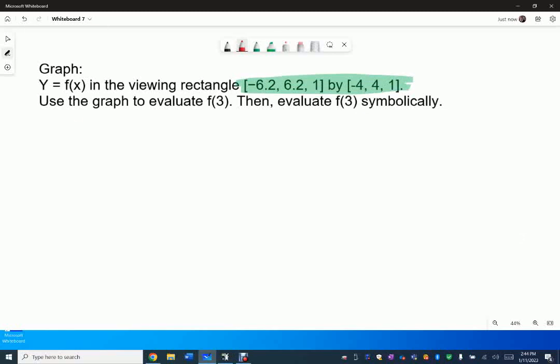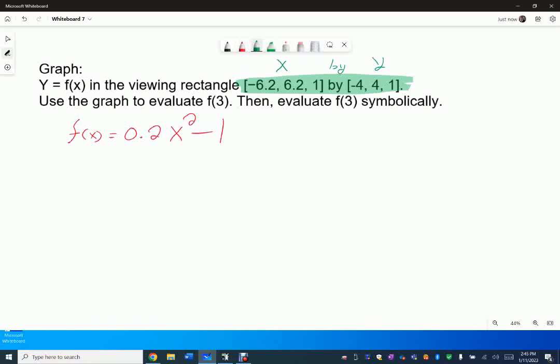Let's say I have f of x equals 0.2 x squared minus 1. Now, this viewing window is telling me a set of information, and it's always going to be the x values followed by the y values.